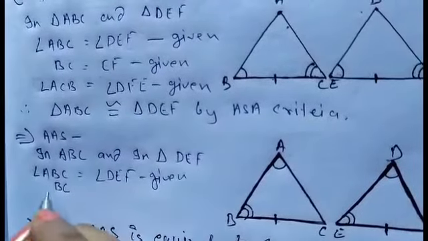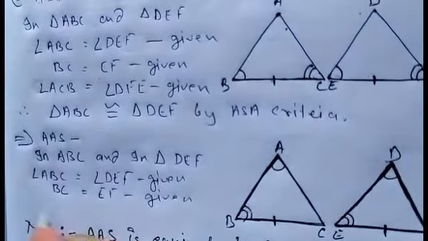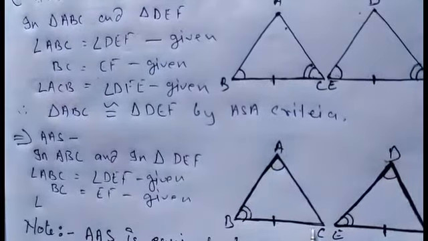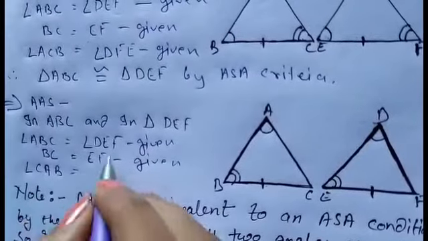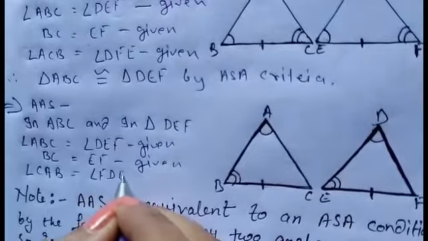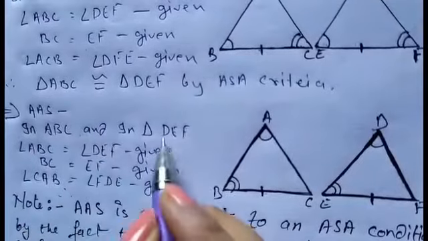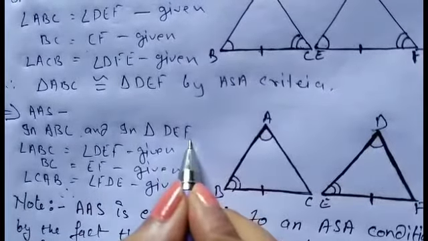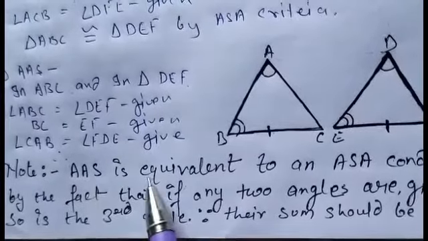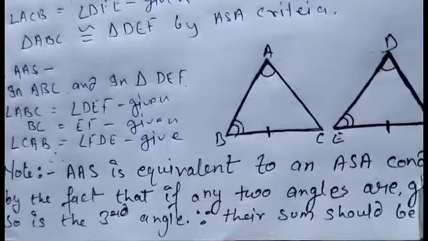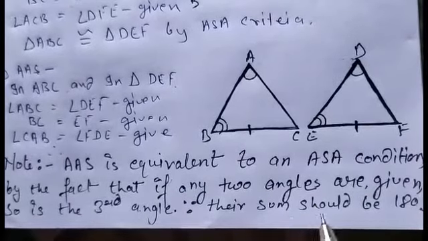BC is equal to EF, given. Angle CAB is equal to angle FDE, given. Therefore, triangle ABC is congruent to triangle DEF by AAS criteria. Note, AAS is equivalent to an ASA condition by the fact that if any two angles are given, so is the third angle, since their sum should be 180 degrees.